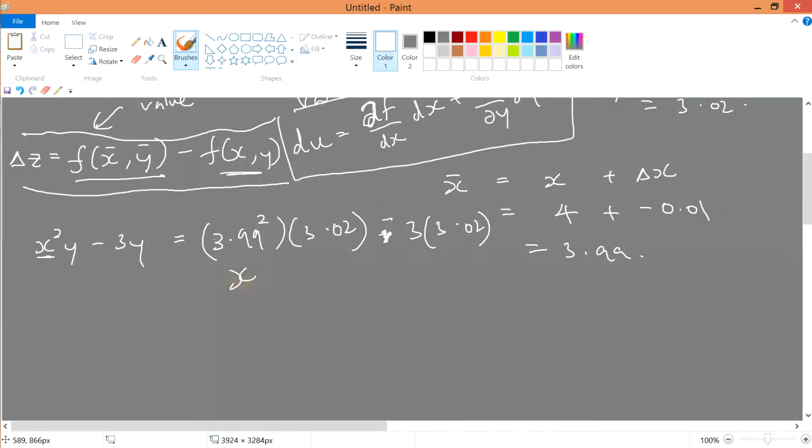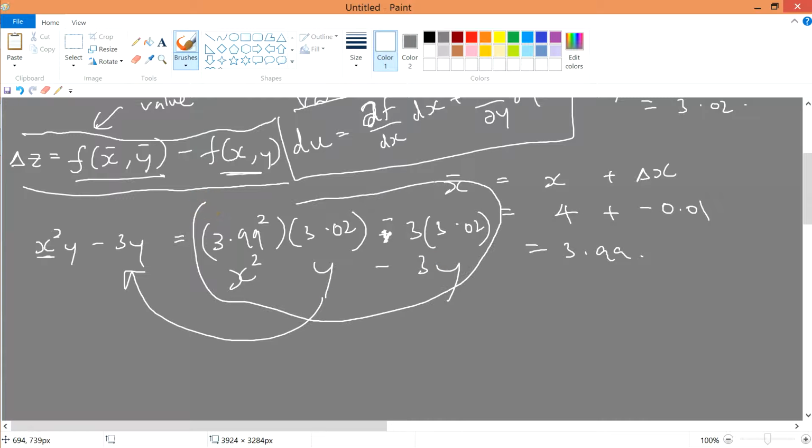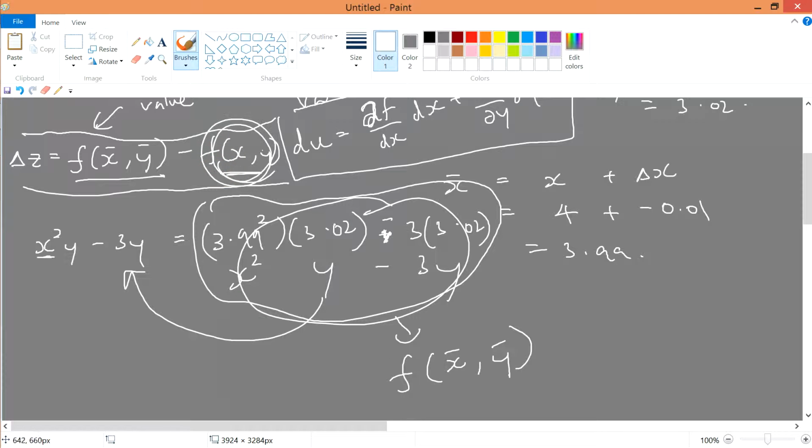So in fact this is x squared y minus 3y. This whole thing I've just written is the function of x bar and y bar. Then I sum this up together and minus away the initial function, where we substitute in the initial values of x and y.